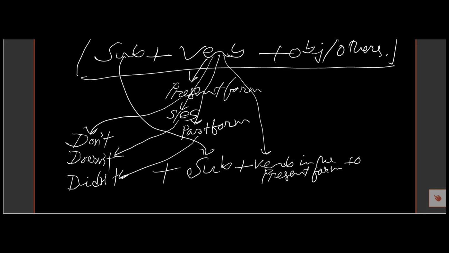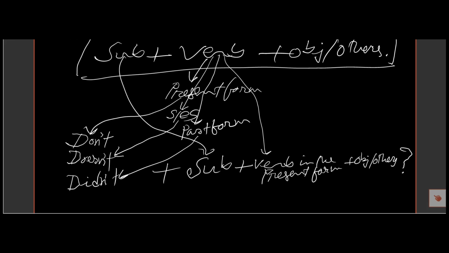Then object or others, and then a note of interrogation mark. We must put a note of interrogation mark at the end of the sentence. So this is an interrogative sentence.